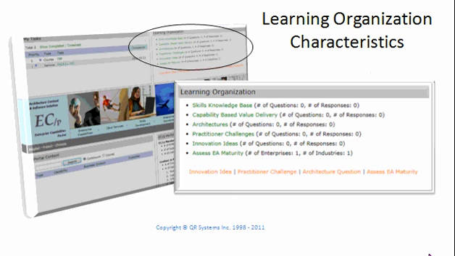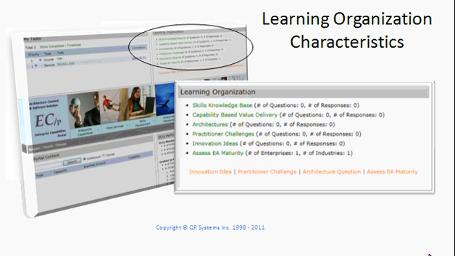Over the next few slides, I wanted to give you an overview of what ECP is all about. After you log in, you see the main portal. This part on the top right side shows you organization learning. This is where you look at the skills knowledge base, the capability-based value and architecture knowledge base, and most importantly, practitioner challenges.